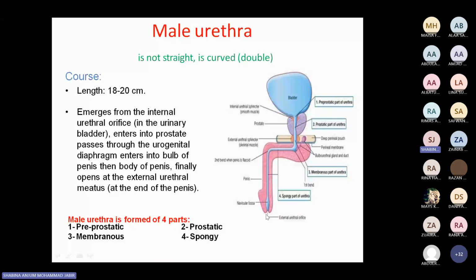It has four parts. This small part is called the internal urethral sphincter, the pre-prostatic part, which has the sphincter. Then we have the prostatic part, which is inside the prostate. Then we have the membranous part, which is inside the perineal membrane.